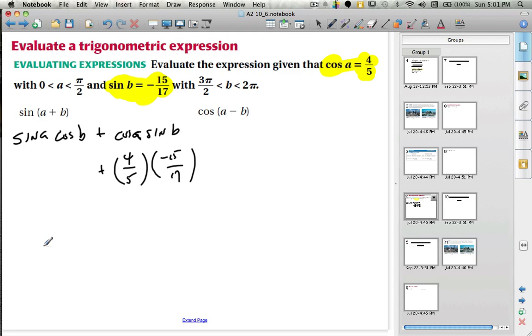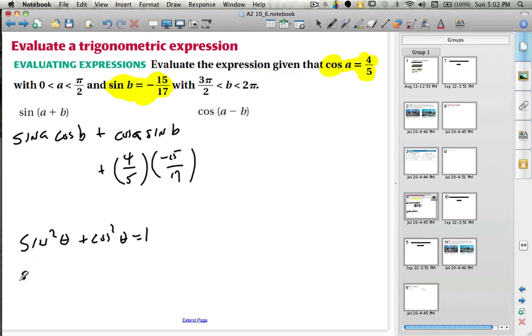Well, if you remember, we learned that sine squared theta plus cosine squared theta is equal to 1. So if I do this a couple of times here, I can figure out these values. I'm going to need them for both problems.